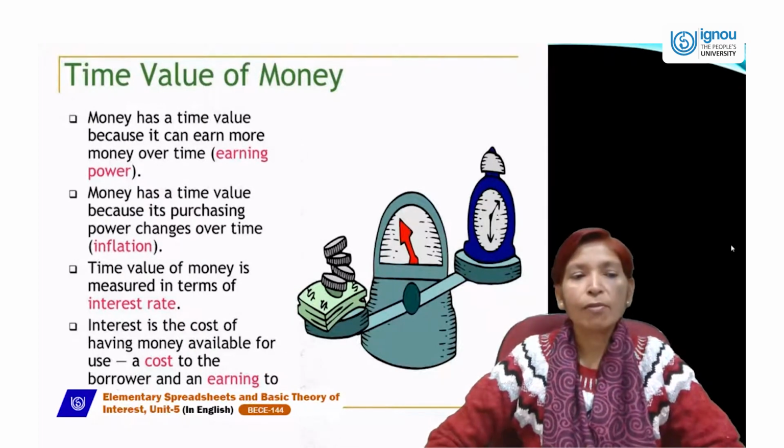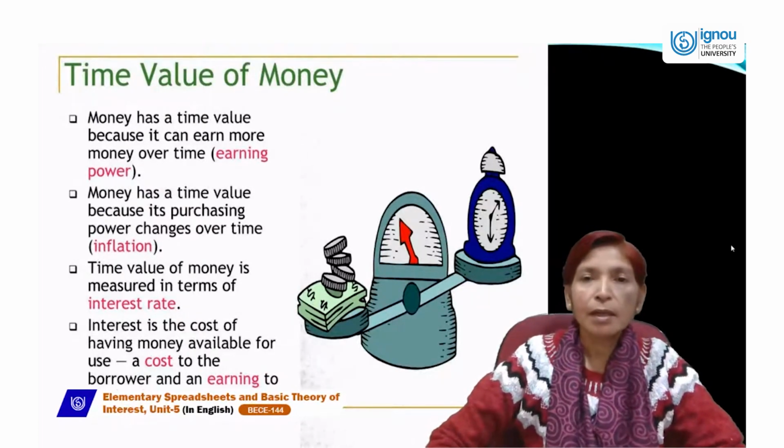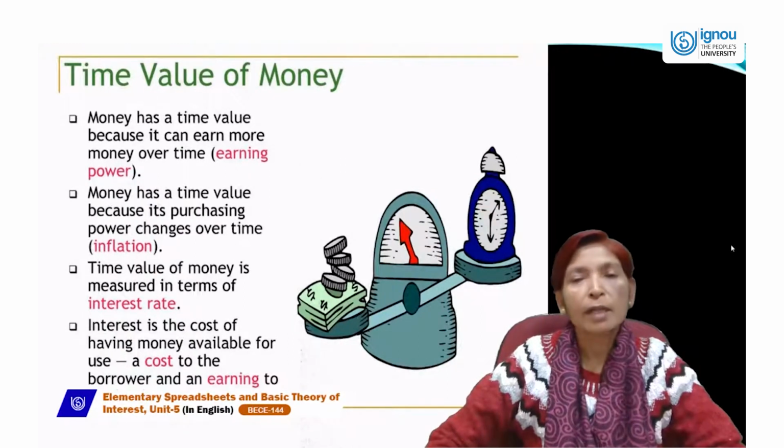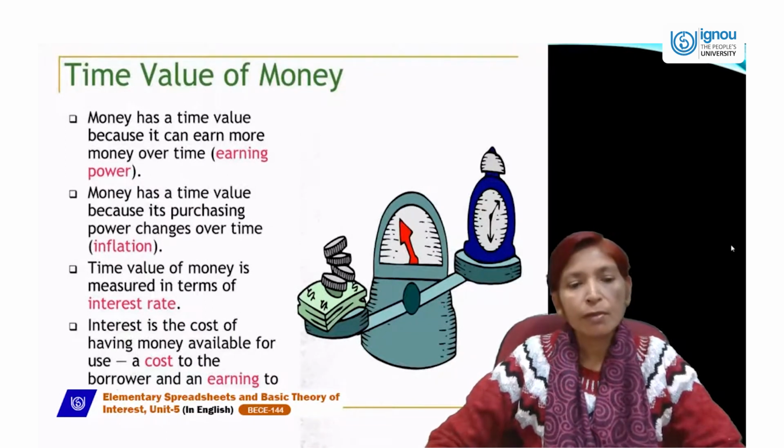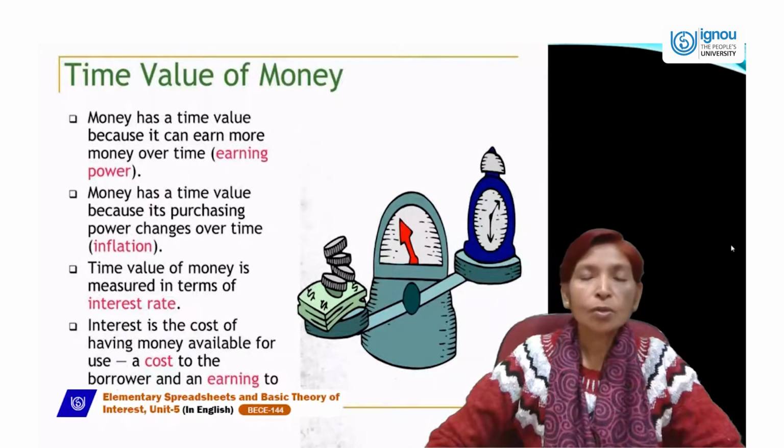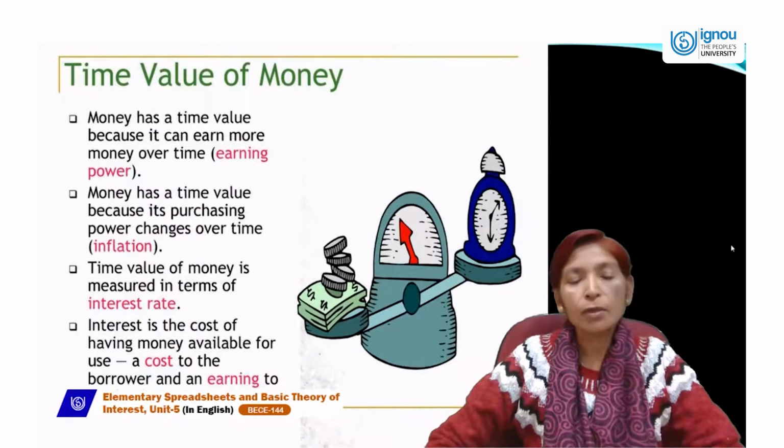So the time value of money is measured in terms of the interest rate. And interest is the cost of having money available for use: a cost to the borrower and earning to the lender.